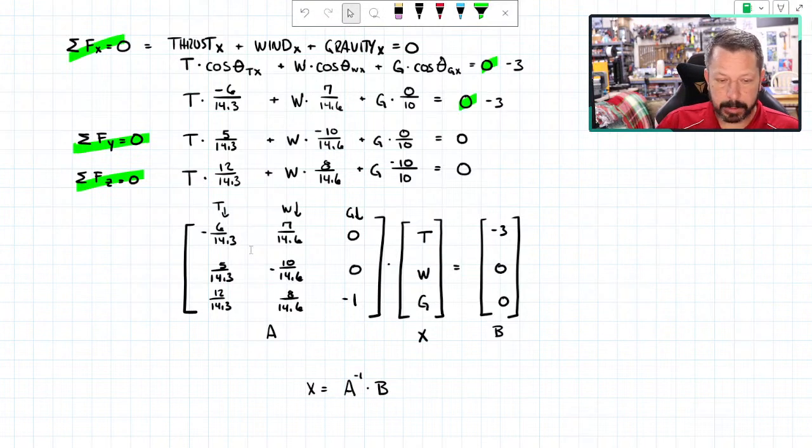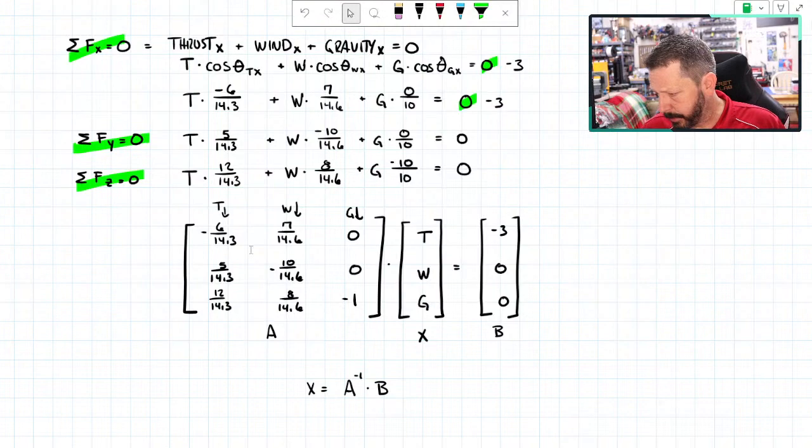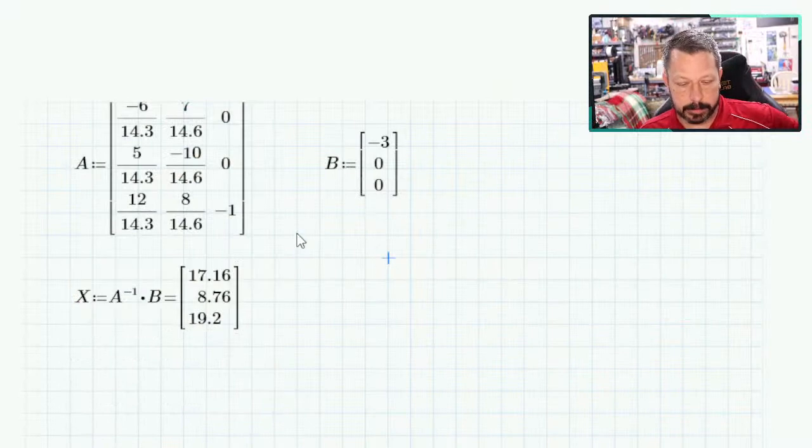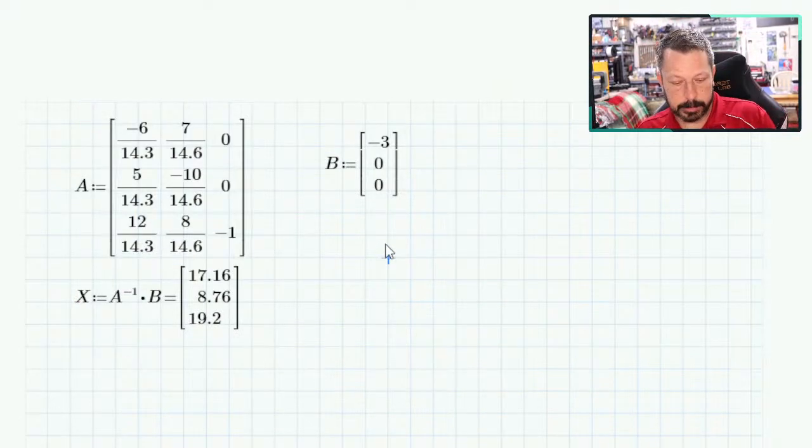On the homework, the web work, feel free, if you want to, I would not do all of it this way, but feel free to use MathCAD to do the web work problems. But on exam 1, you'll have at least one problem where you have to do simultaneous equations, probably 2.